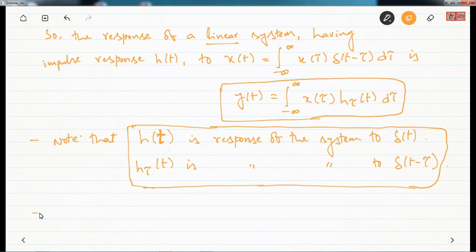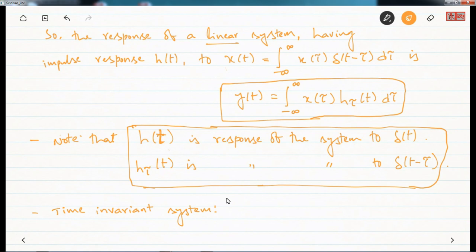So now it's time to define what a time invariant system is.